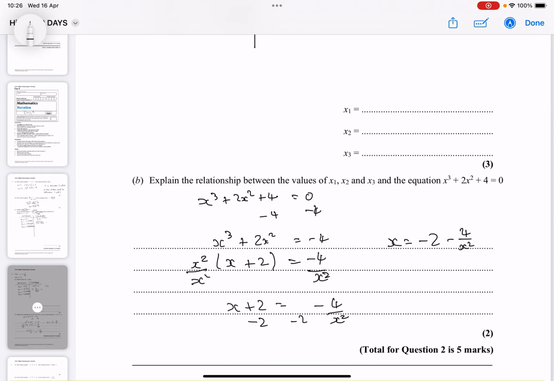So explain the relationship between the values of x1, x2, x3, and that. Well, first of all, these, essentially x1, x2 and x3, are all solutions to the equation.